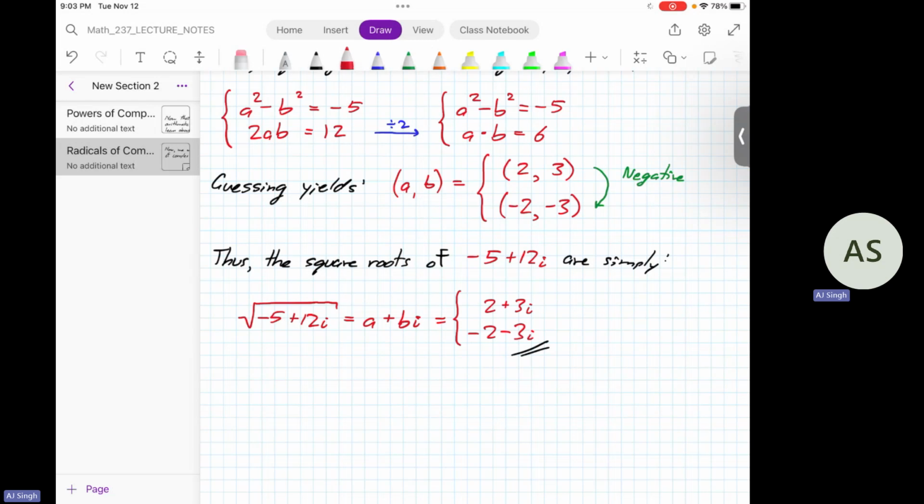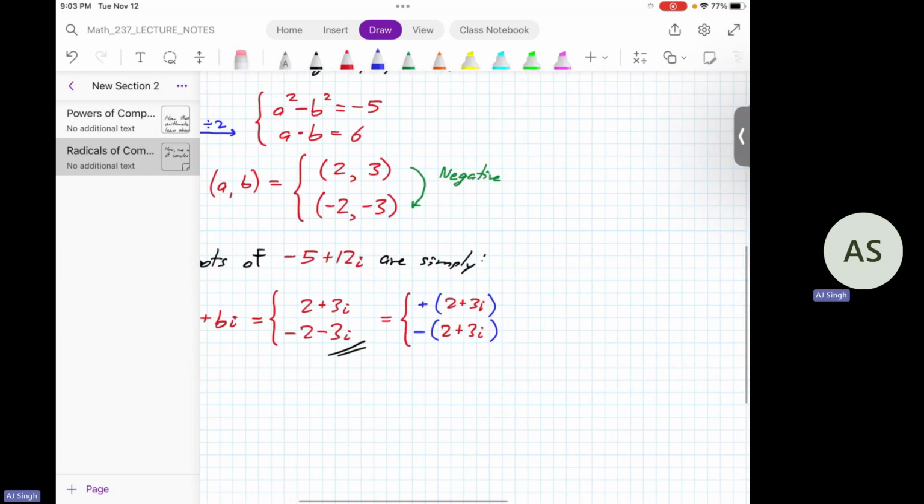It turns out you can simplify a little bit because from the second solution, you can factor a negative out and you'll have 2 plus 3i. And the first solution already is a 2 plus 3i like this with a plus in the front. Right? And then you can combine these two together and you can do plus minus 2 plus 3i.